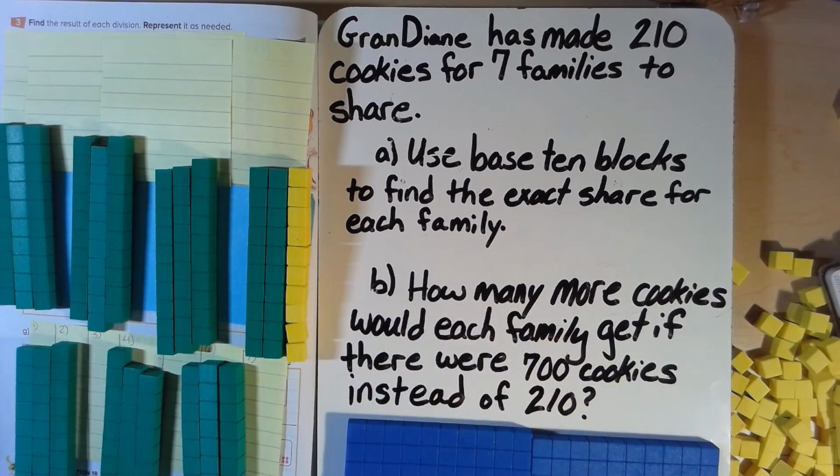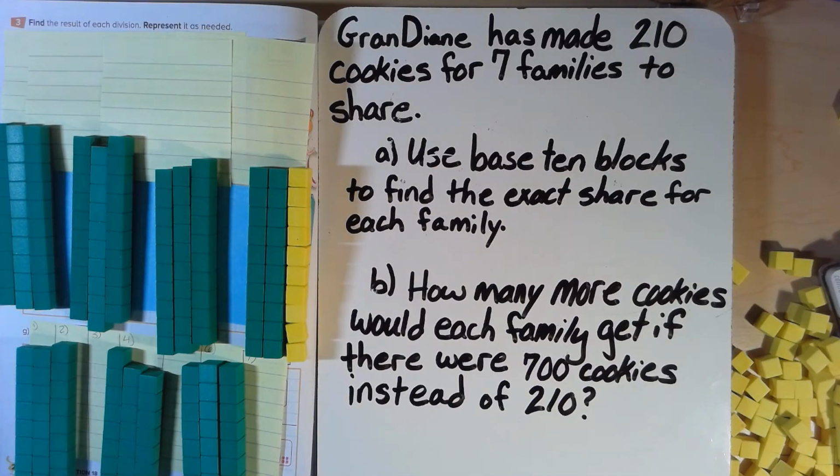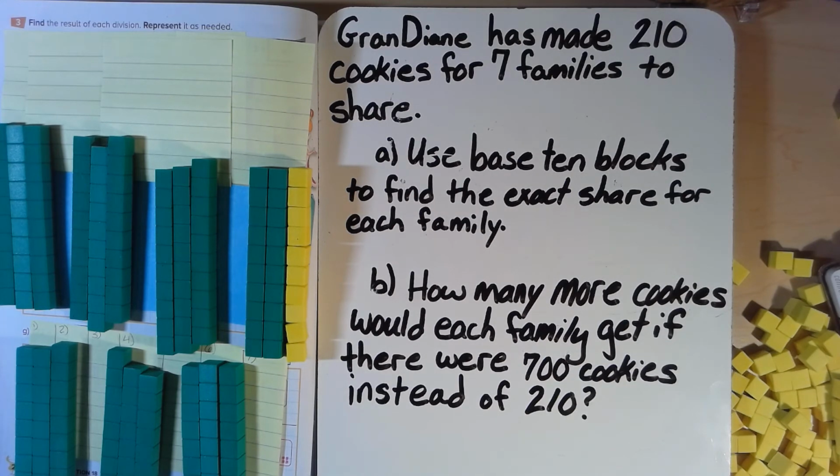How many more cookies would each family get if there were 700 cookies instead of just the 210? So the first thing you need to ask yourself is, how many cookies does each family get if they had 700 cookies?